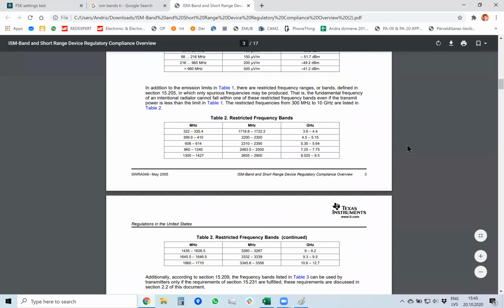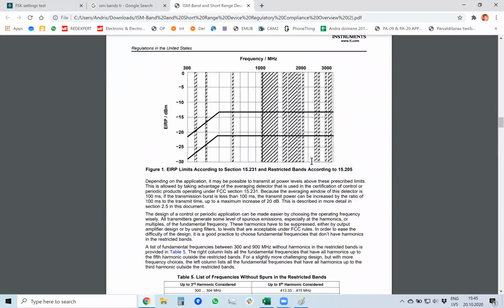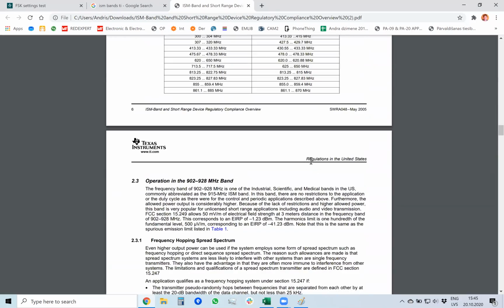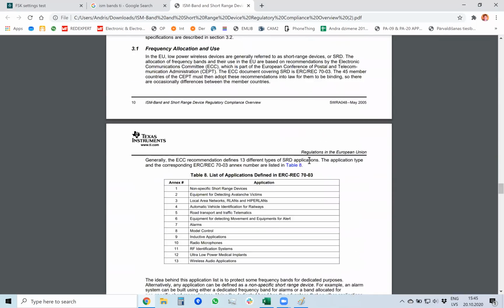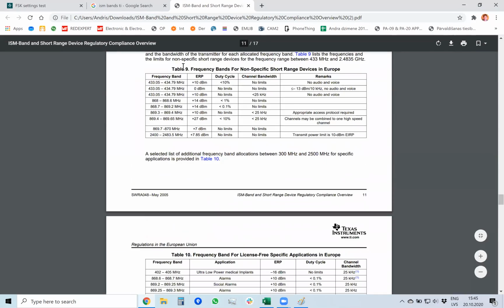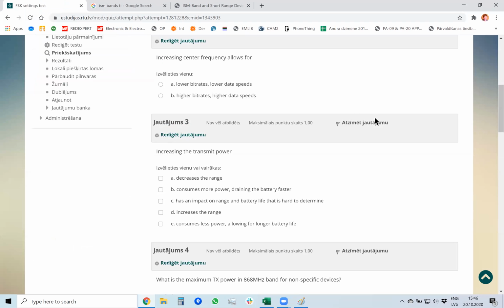And it's not really complicated document. It basically tells you what frequencies you can use. Frequency bands for non-specific short-range devices in Europe: 433, 868, and 2.4 gigahertz. So in this test, I just check 2.4, 433, 868. So that's the answer to the first question.